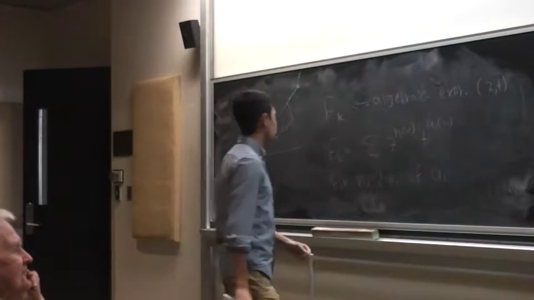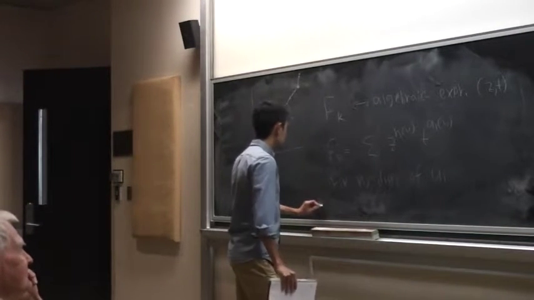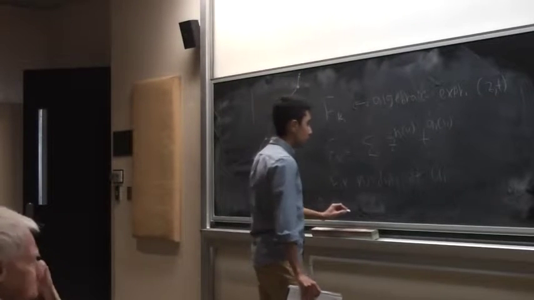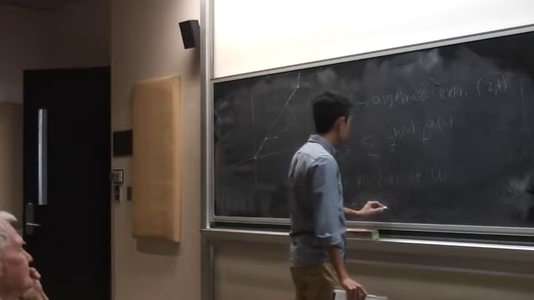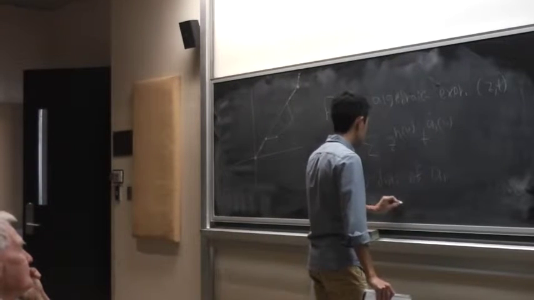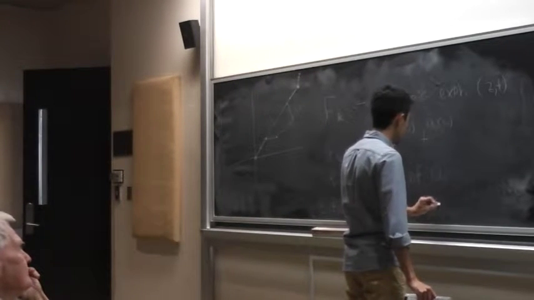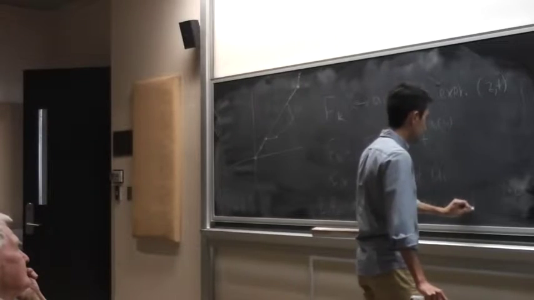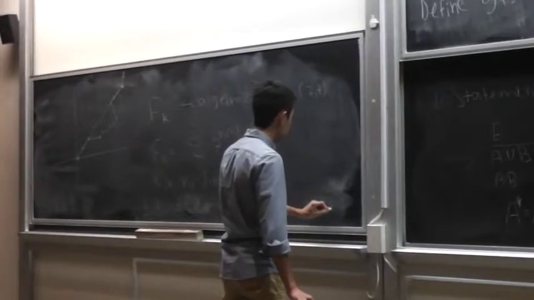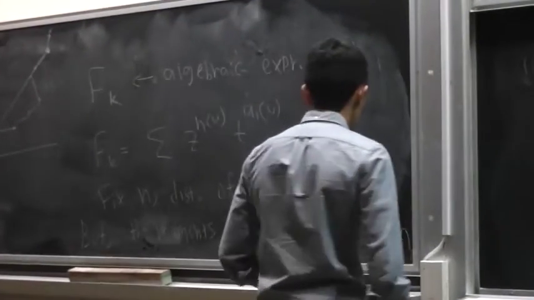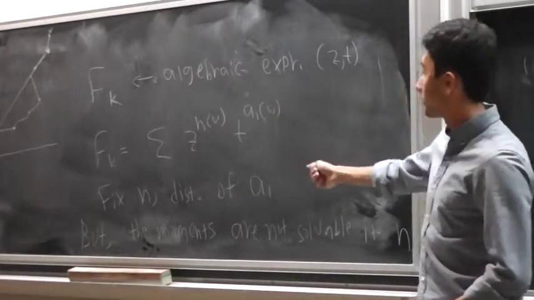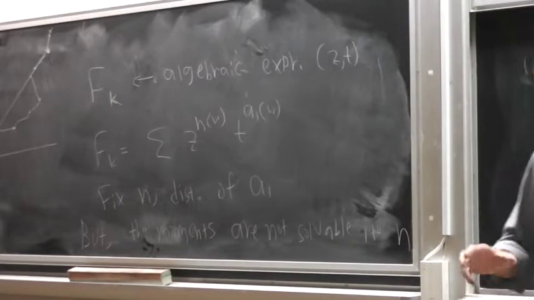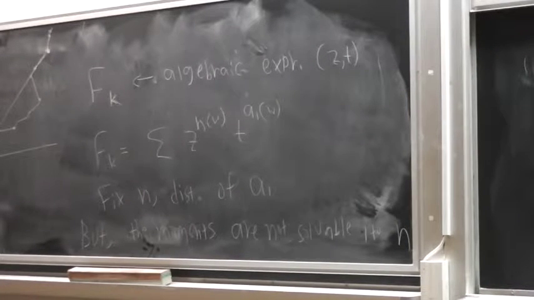Okay, but we don't know the moments as functions of n. So you have a distribution, and the moments make a sort of fingerprint, so if you can find the moments, you're good.